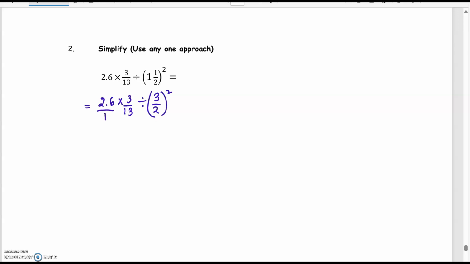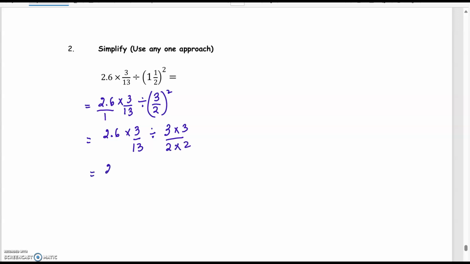So this is equal to 2.6 times 3/13. Now we got to square it first. So that's divided by 3 squared, which is 3 times 3, over 2 squared, which is 2 times 2.